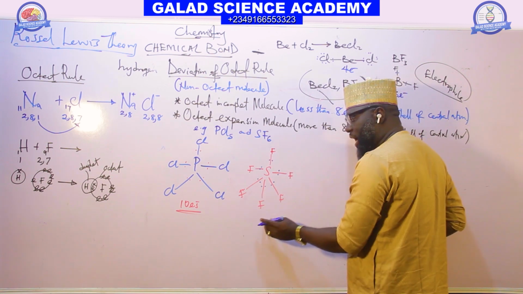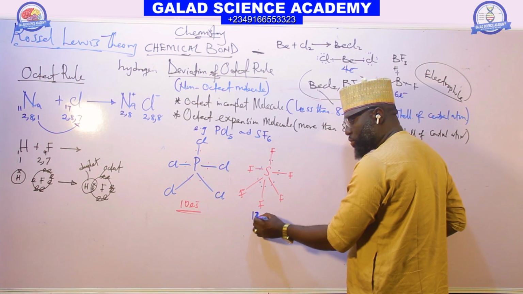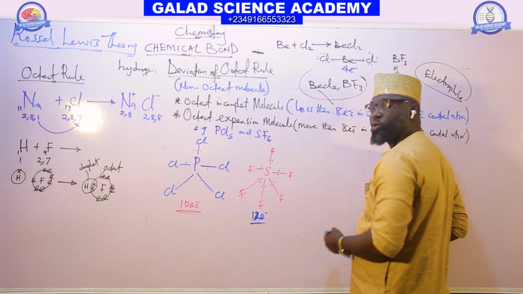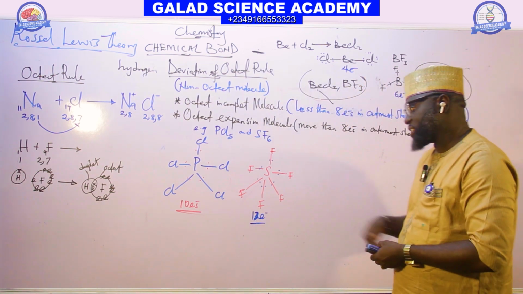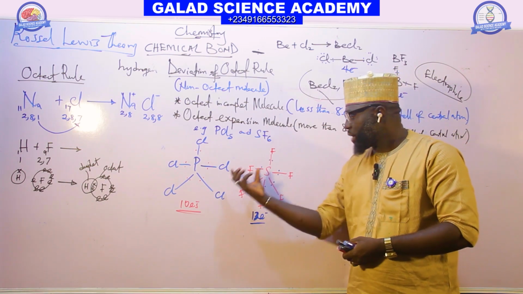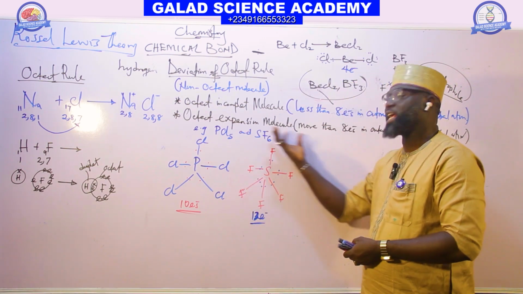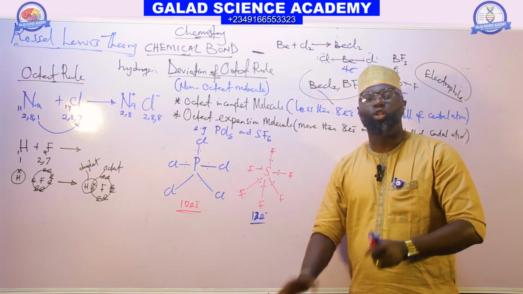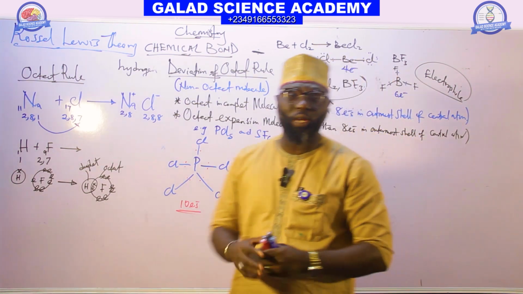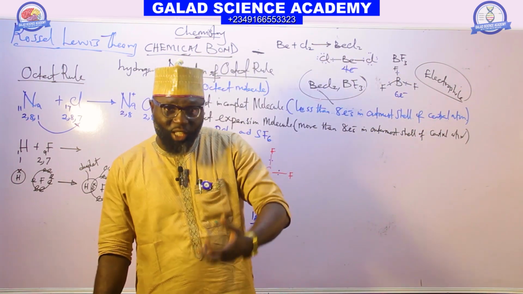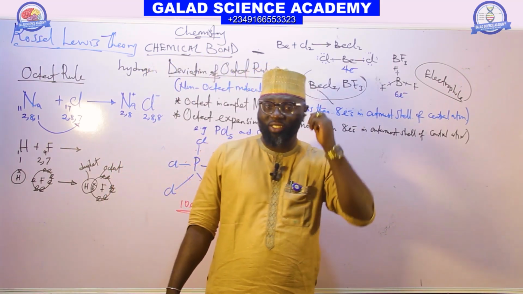If you count it together, it has 12 electrons in the central atom's shell. So therefore, this is also an octet expansion molecule.